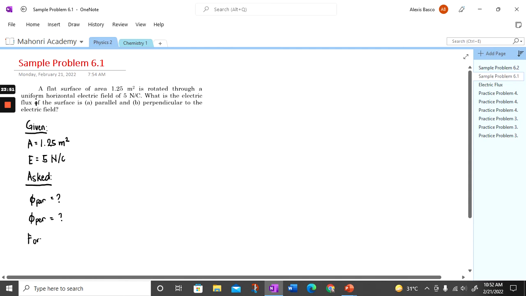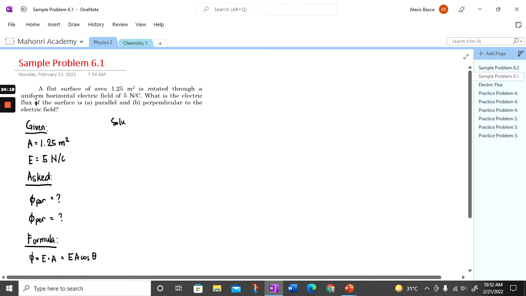The formula that we are going to use is the same formula that we discussed earlier, wherein electric flux is equal to E dot product A, or this is equal to EA cosine of the angle. This angle is between your normal vector, or your area vector, and your E.